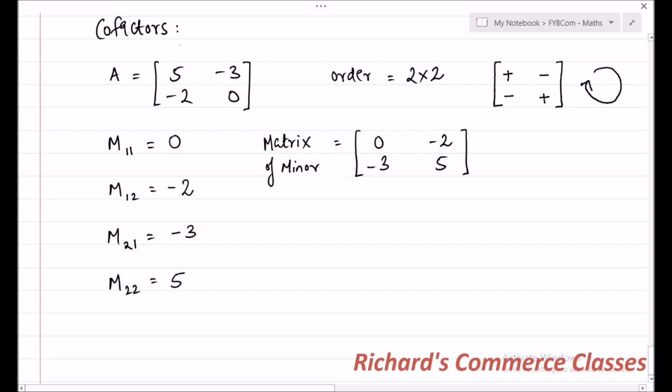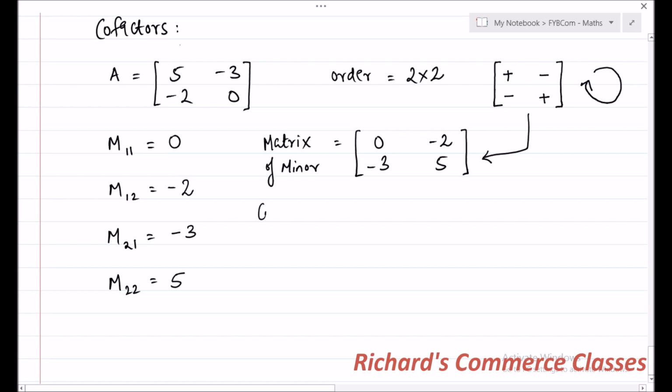Starting with positive, the next one will be negative, and you keep changing until you reach the original position. So consecutive elements will not have the same sign. Now this diagram will have to be applied to the matrix of minors.